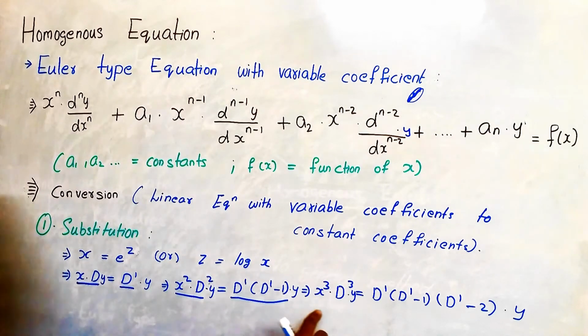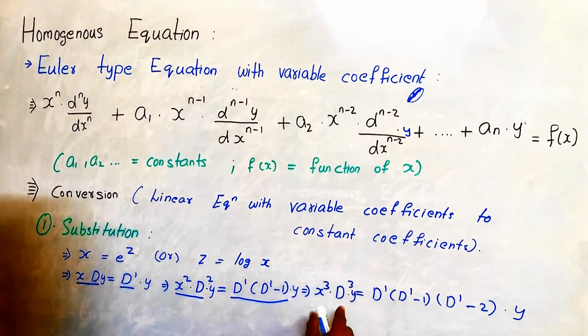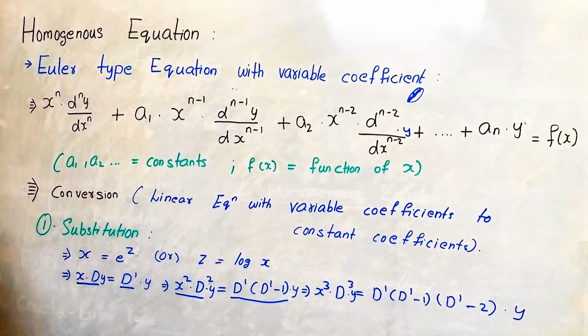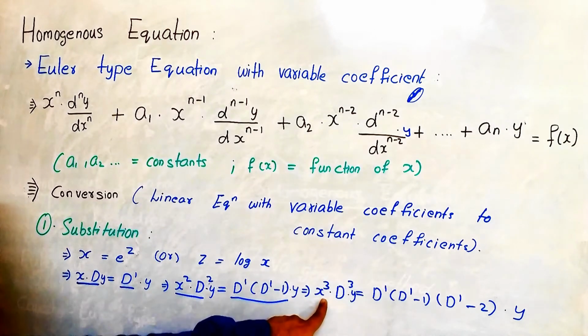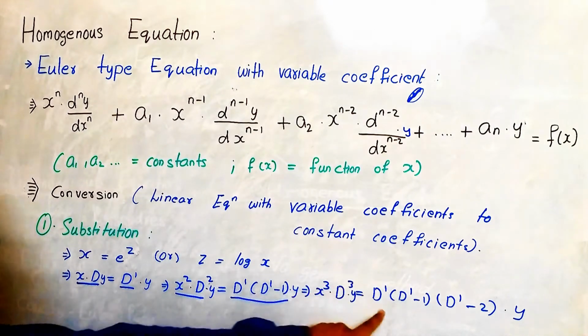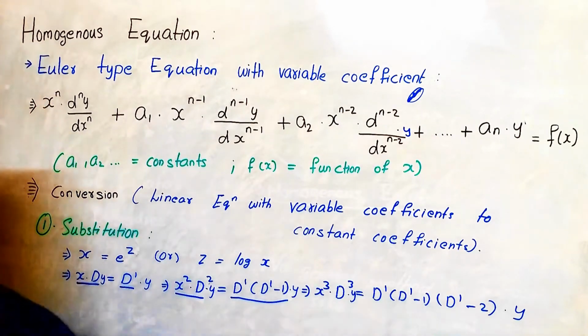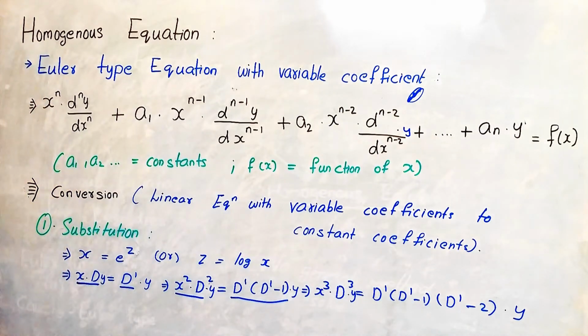Similarly, x cube D cube becomes D dash into D dash minus 1 into D dash minus 2. If it is x to the power 4 into D to the power 4, it will become D dash into D dash minus 1 into D dash minus 2 into D dash minus 3. So this way it goes.